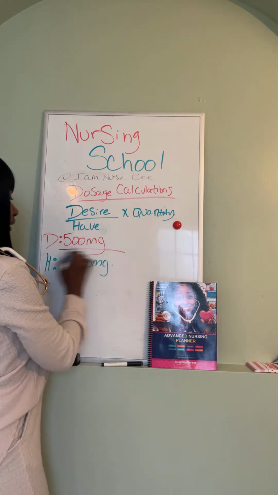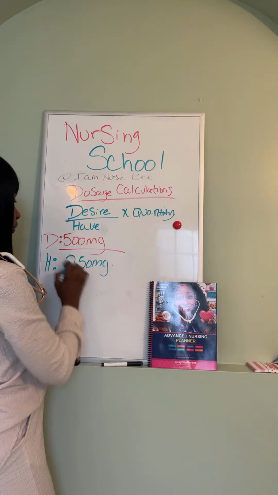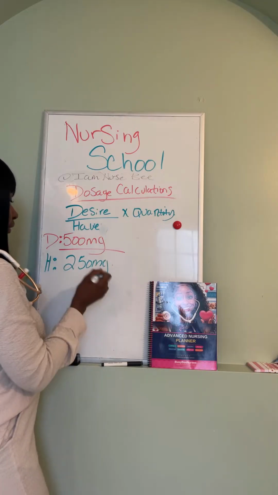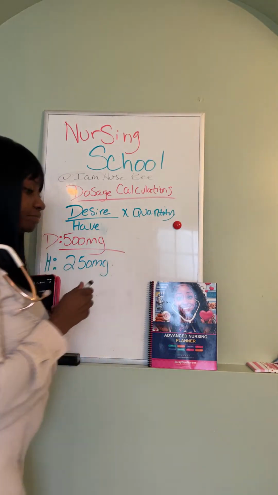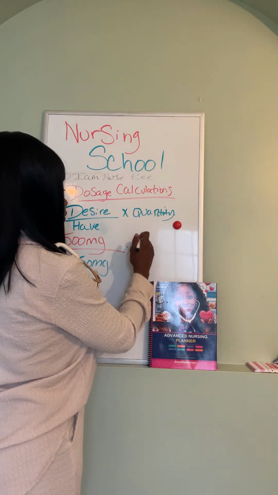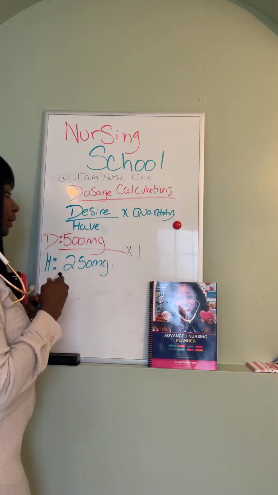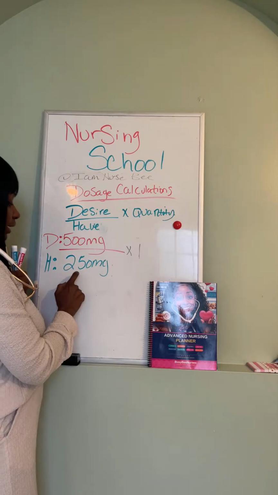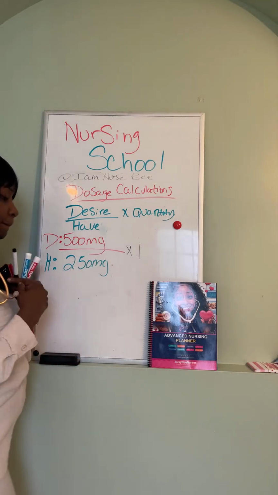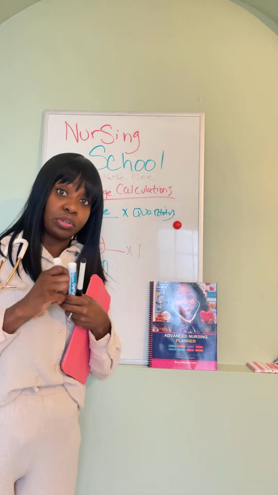The desired dose is 500, and what we have on hand is 250. Now, what are we missing? We are missing the quantity, so we're going to times it by 1. We're going to do 500 divided by 250 times 1, and that's going to give you how much the doctor wants us to give.